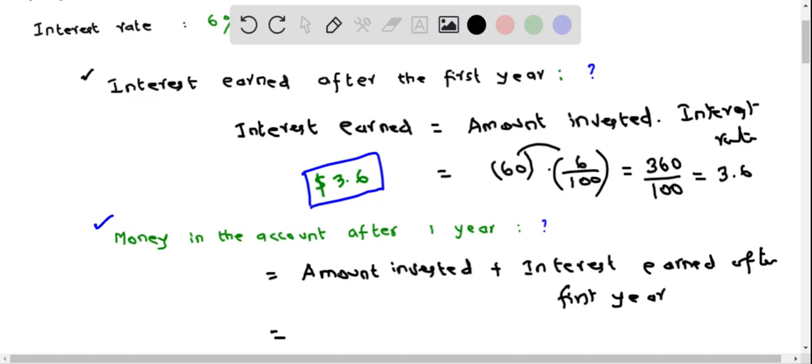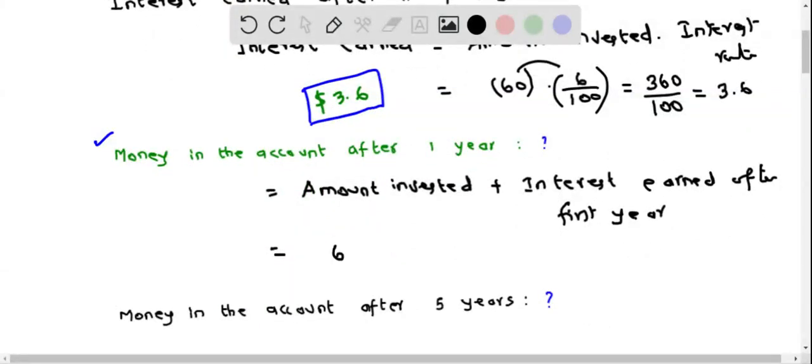So amount invested at the beginning is $60. So I put 60 plus interest earned after first year is $3.6. So when we add 60 plus 3.6, we get 63.6. So therefore we say that the money in the account after 1 year is $63.6.